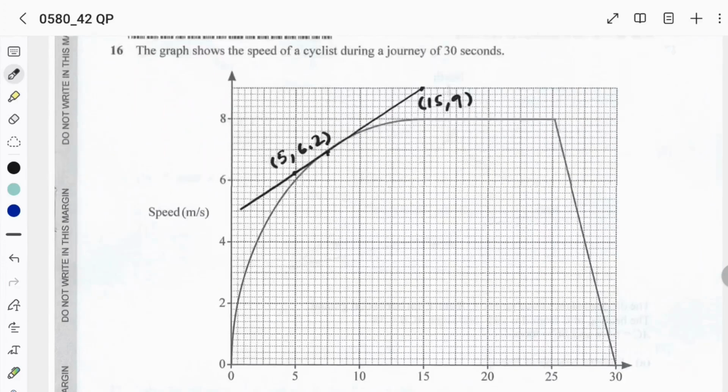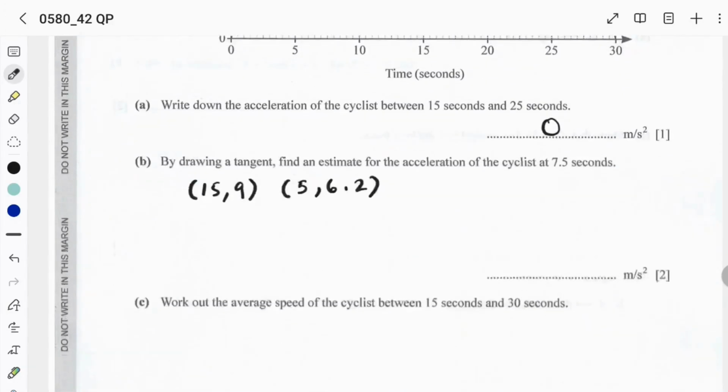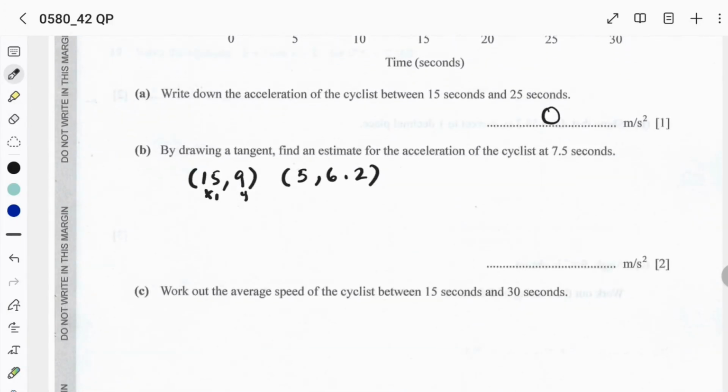So these are the two coordinates I have found after drawing the tangent at 7.5: (15, 9) and (5, 6.2). So this is x1, y1, x2, y2, like we always do in graphs.